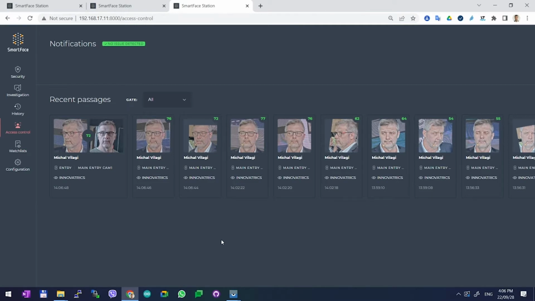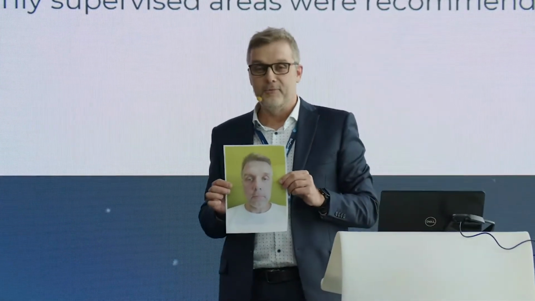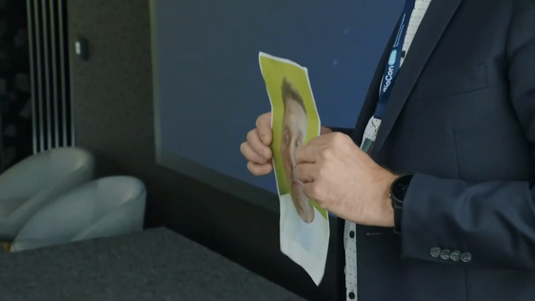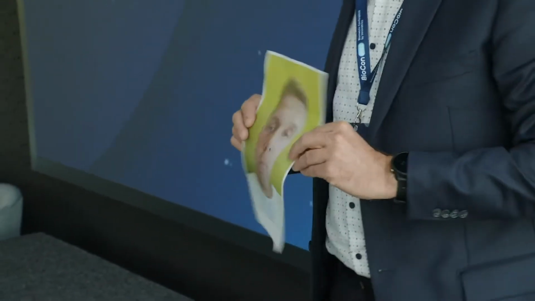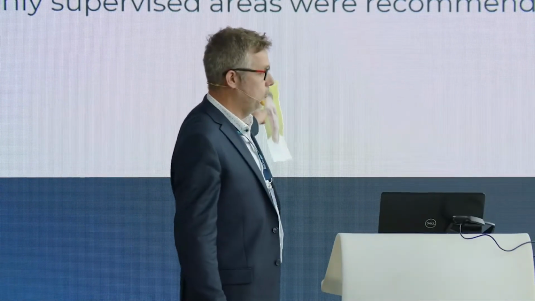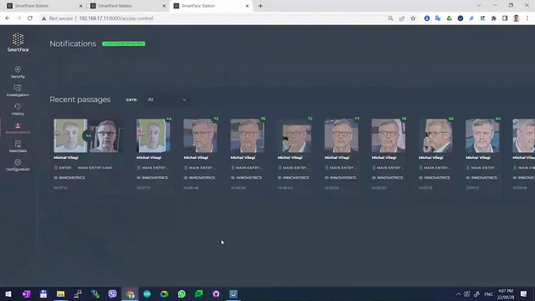I took this nice image of me maybe when we finished Smart Face 5 after a long sleepless night, and I'm using it as a liveness spoof attack. If I put it in front of the camera, you see we are opening the turnstile. So it's how it was before. Every spoof was a success.